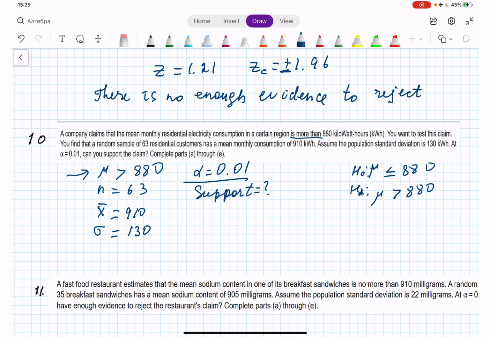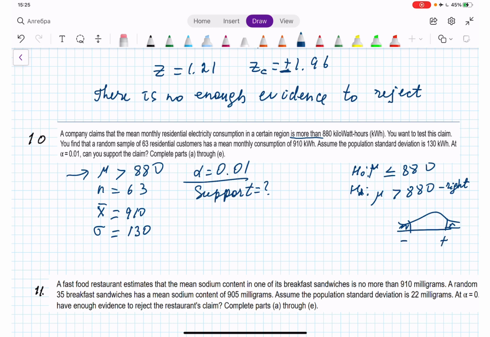Next, find the critical value. We find the critical value through alpha. We have right tail, so although our z-score is going to be negative, we flip it and get positive. Left tail and right tail are equal, just one negative and one positive.